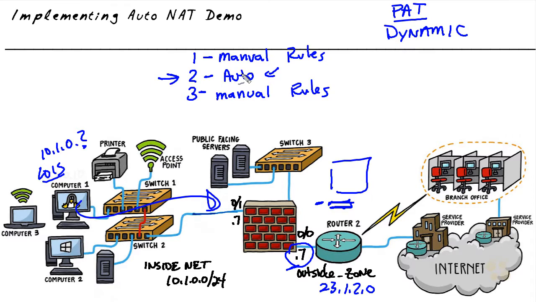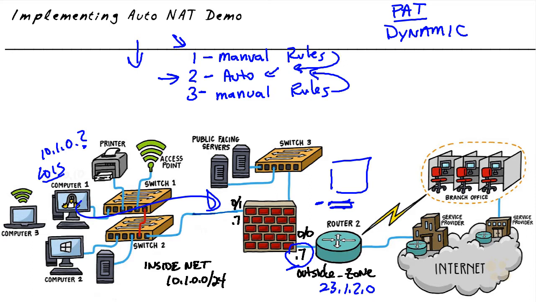But if we have specific translations that we want to exempt from what's happening here, we can manually create rules before the Auto NAT, or we can also manually create rules that go after the Auto NAT, and it's a top-down approach. So as the NAT policies are being looked at, it starts from top to bottom, and as soon as there's a match, it takes hold. So the manual rules that go after Auto NAT would be like catch-all rules for traffic that wasn't matched previously in the NAT policy.